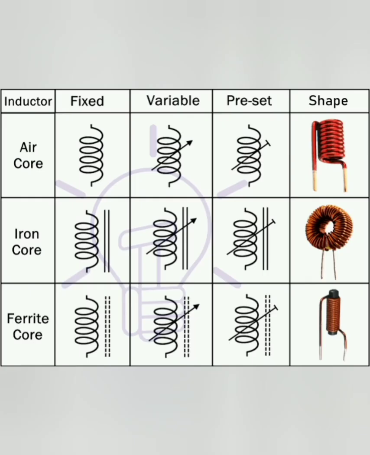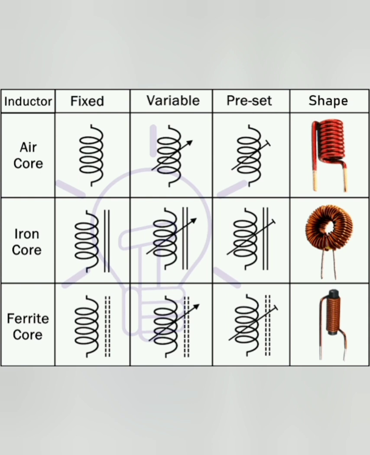Then coming to the inductor portion. Normally, as I said, inductors store magnetic energy. There are different types of inductors: air core, iron core, and ferrite core.